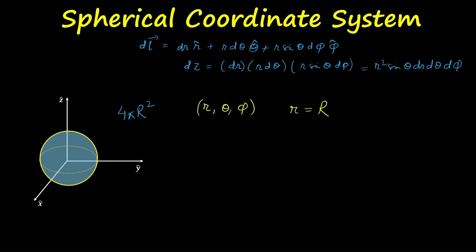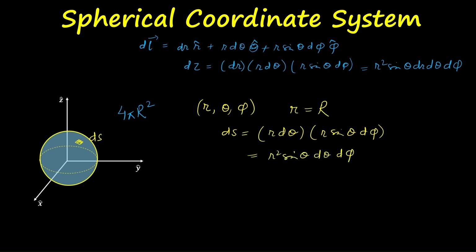So if I take a small surface area element ds, now ds will be the change along the theta direction, that is r d theta, and the change along the phi direction, that is r sine theta d phi. So this gives r square sine theta d theta d phi. And we already know that small r is equal to capital R, so we can write R square sine theta d theta d phi.